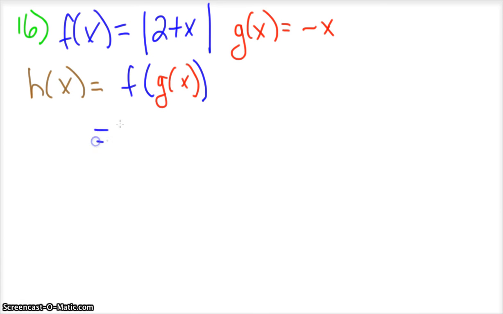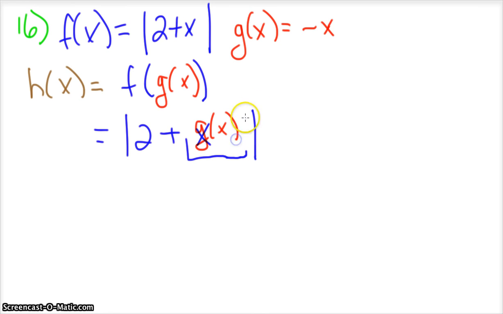I'm going to start with the f of x, 2 plus x. Well, wherever I see the x, I'm going to have to replace it with what's in g of x, which is going to be negative x.